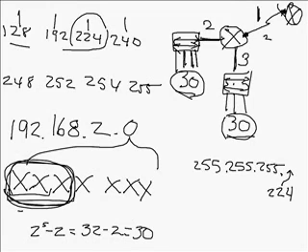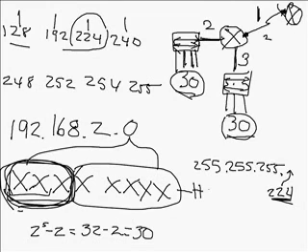That means 3 bits of the last octet are used for networking. That means the last 5 bits are used for host, or PCs or systems that use IP addresses. Okay?